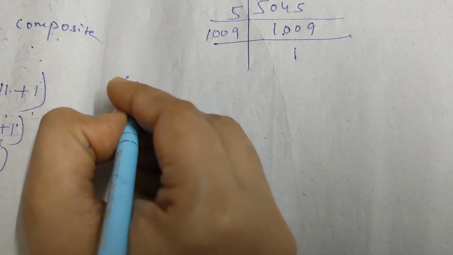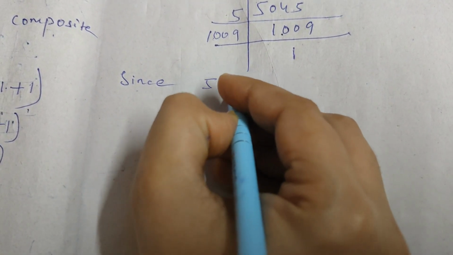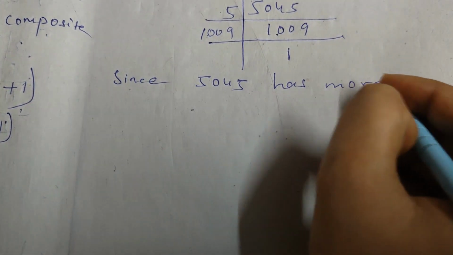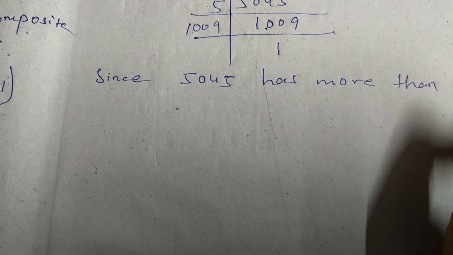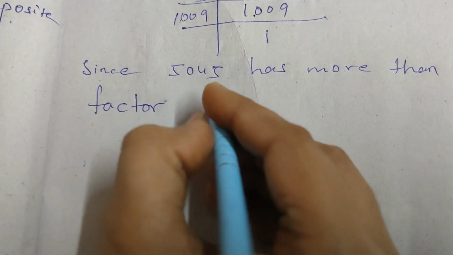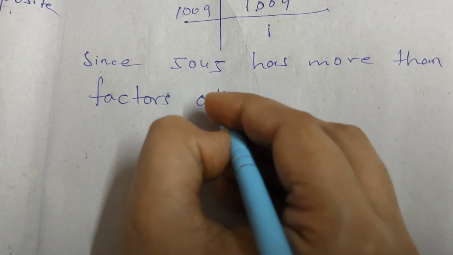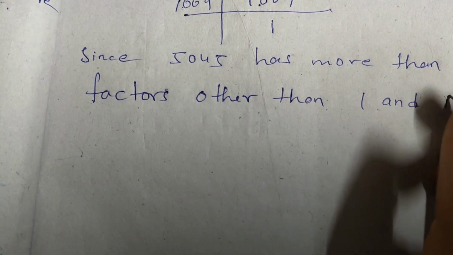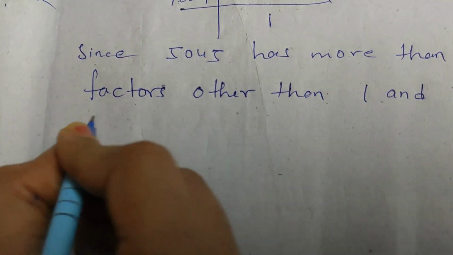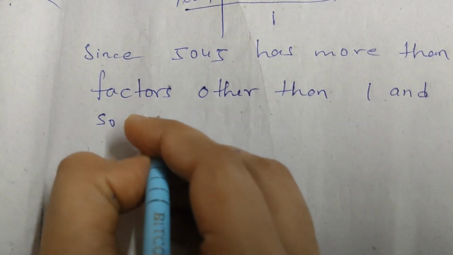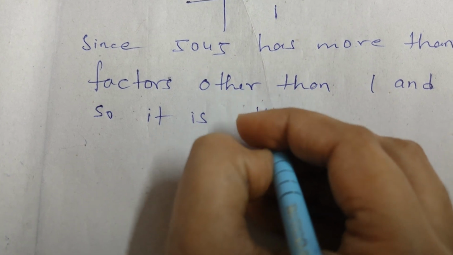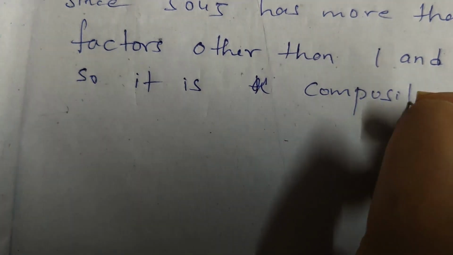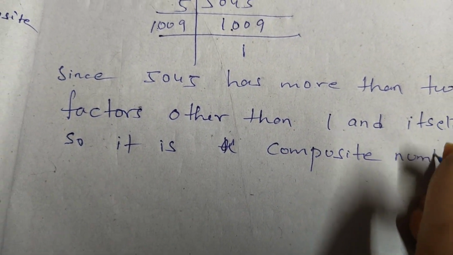So we write, since 5045 has more than 2 factors other than 1 and itself, it is a composite number.